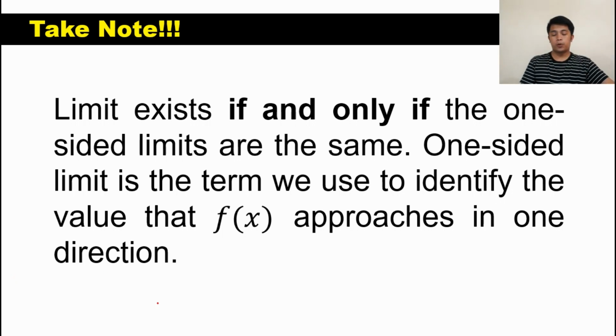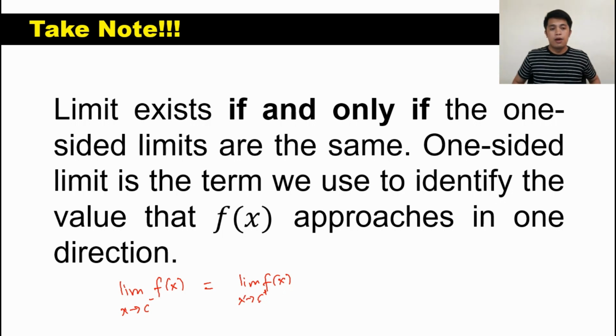Kung ato na siyang i-denote into symbols, we have the limit of f of x as x approaches C negative should be equal to the limit of f of x as x approaches C positive. Since mag-equal na sila, or if and only if they are equal, then limit exists. If dili na sila equal, then the limit of f of x does not exist. So, we will discuss an example nga wala nag-exist ang limit later in this video.